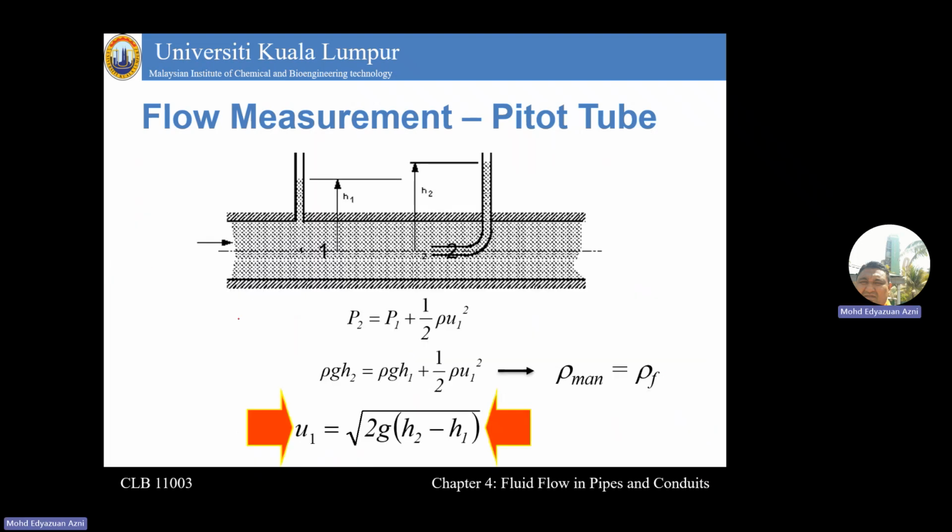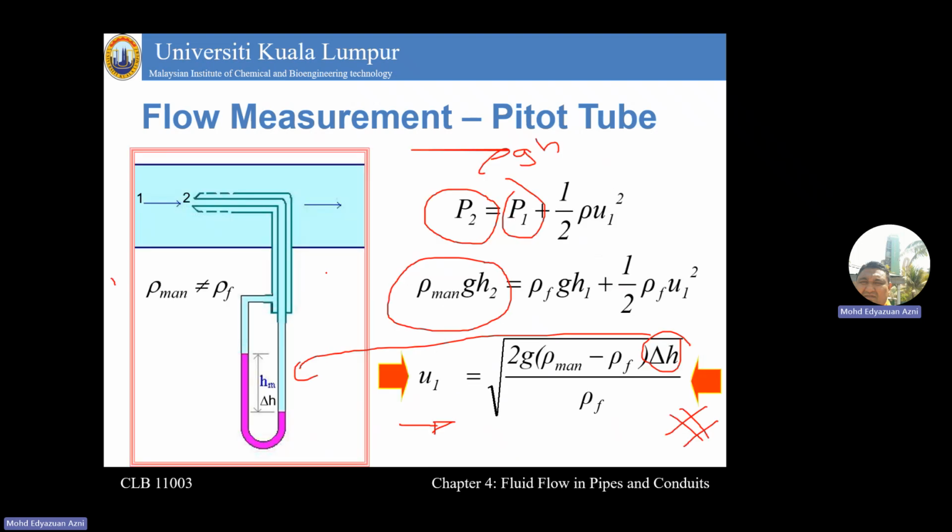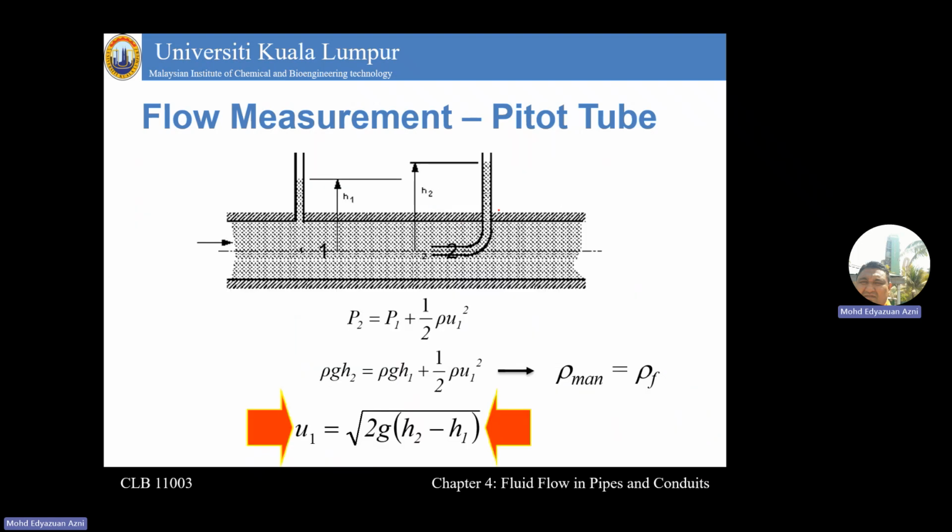The second variation of pitot tube doesn't attach to a U-tube manometer like this one. Instead we have a pitot tube with a straight line here, and we also have a piezometer attached like here. For this kind of pitot tube, the formula will be like this.